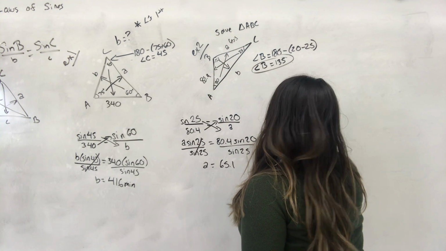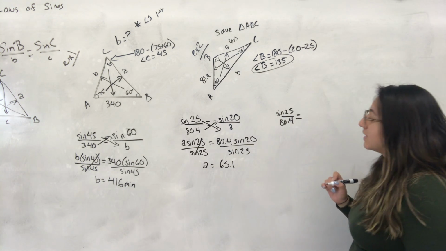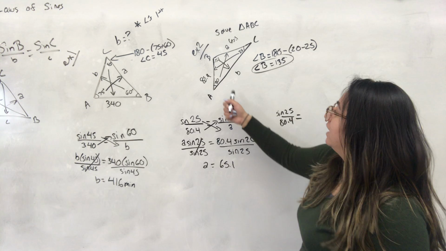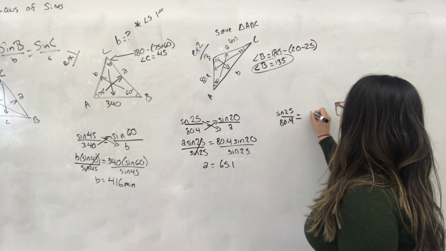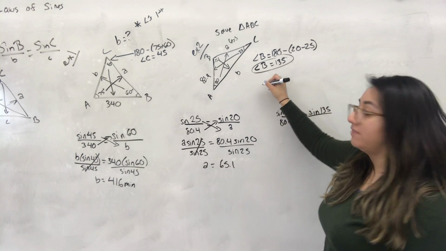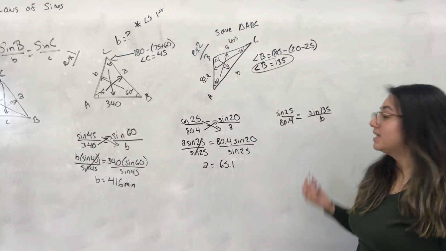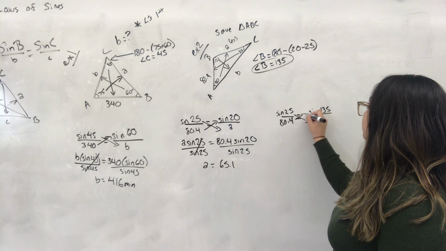So it's sine of 25 over 80.4. And now I'm going to try and find side b. My angle for side b is sine of 135. That's what I had to find here. Divided by the opposite side, which is b. From this point, cross multiply.